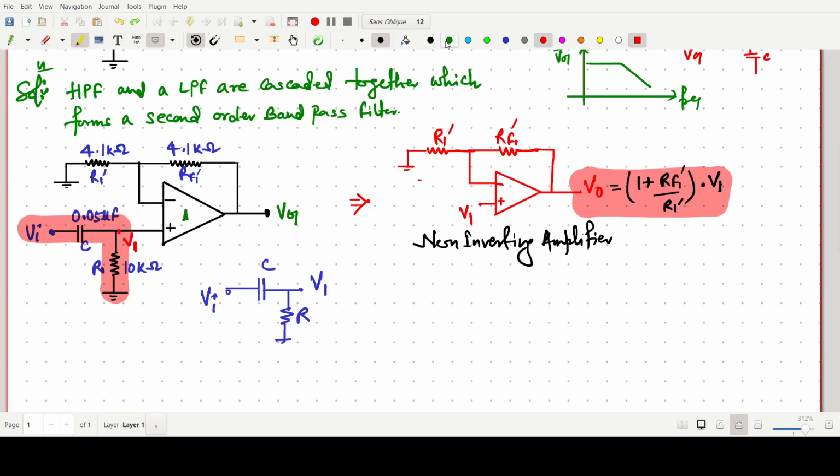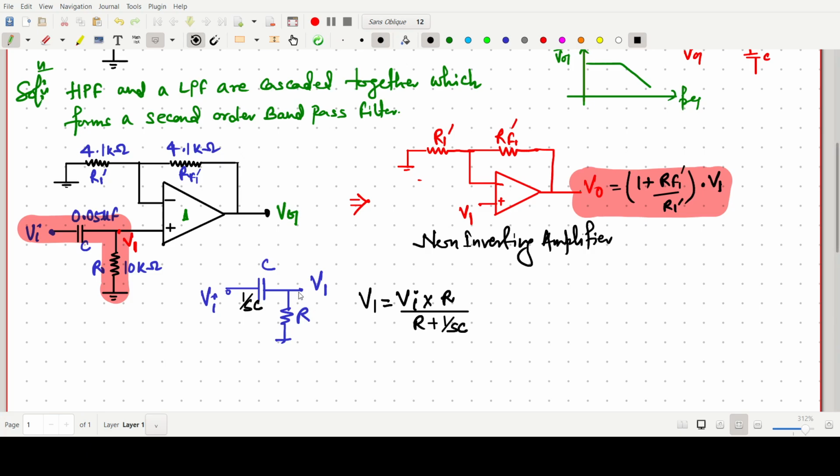For this purpose, the impedance of the capacitor is simply 1 by SC, and R. So V1 can be written, by using the voltage division rule, as Vi into R upon R plus 1 by SC.